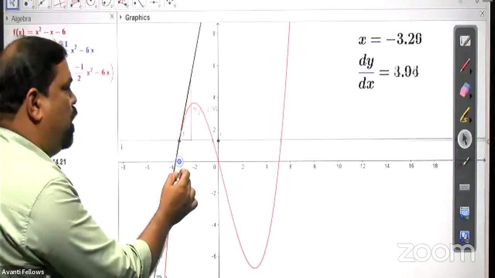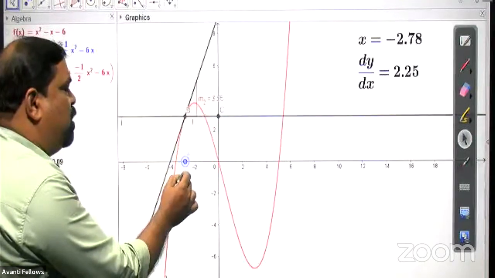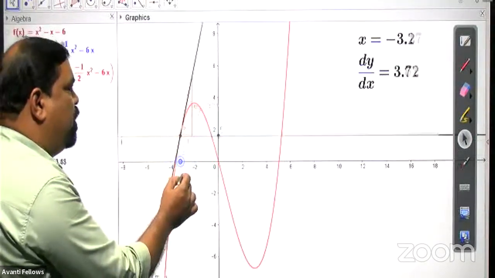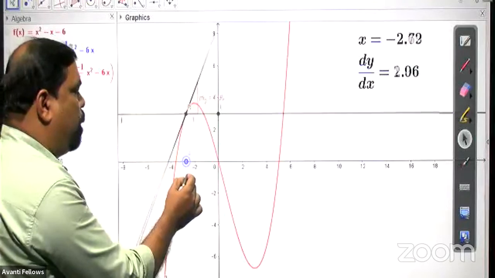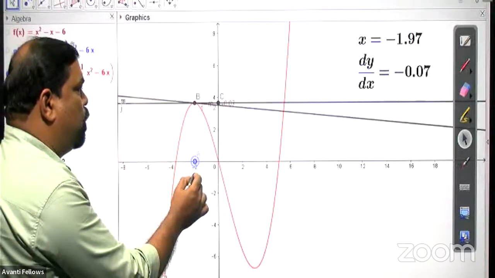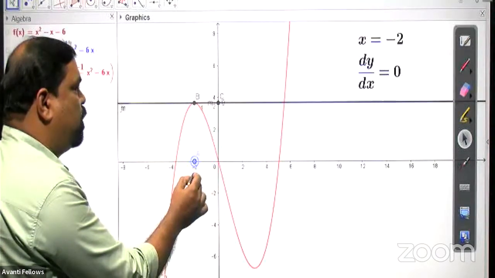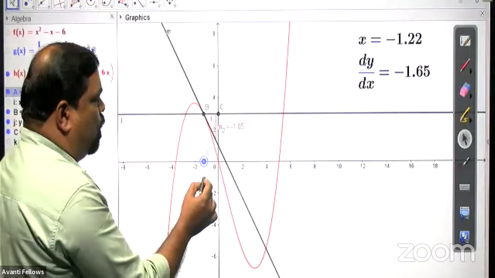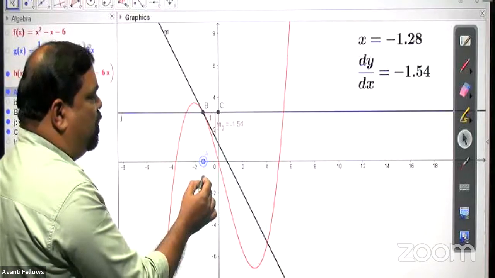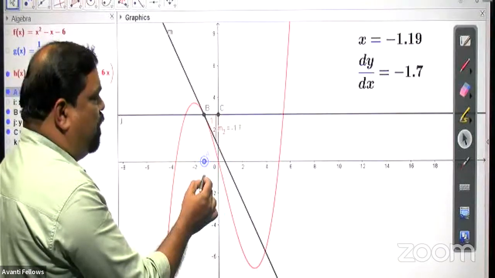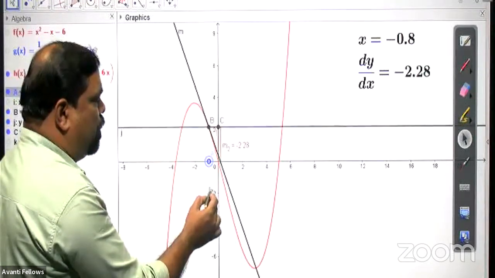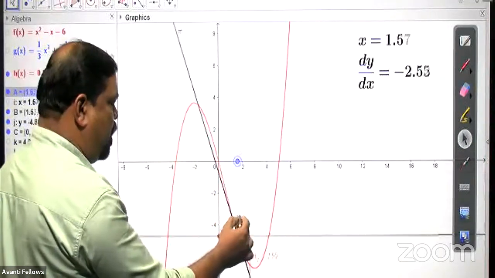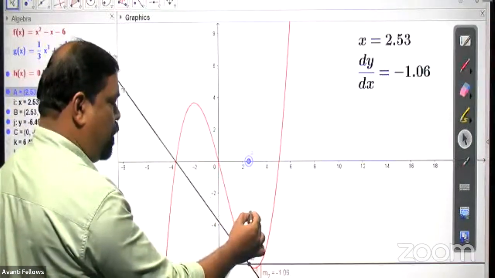If it is increasing, then in that interval the derivative will be positive everywhere. At -2, the derivative is 0. Then after -2, you can see the slope is negative. Yes, the derivative is negative, and it stays negative up to this point.